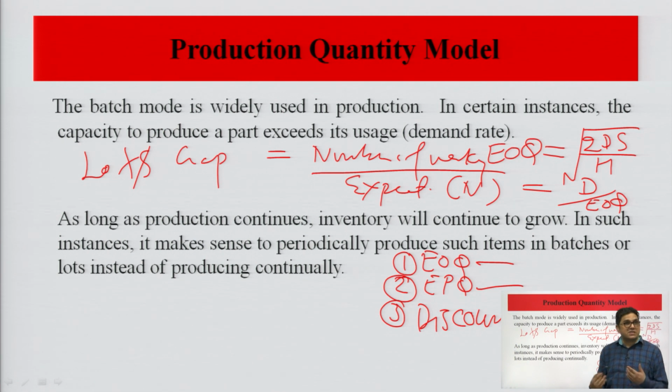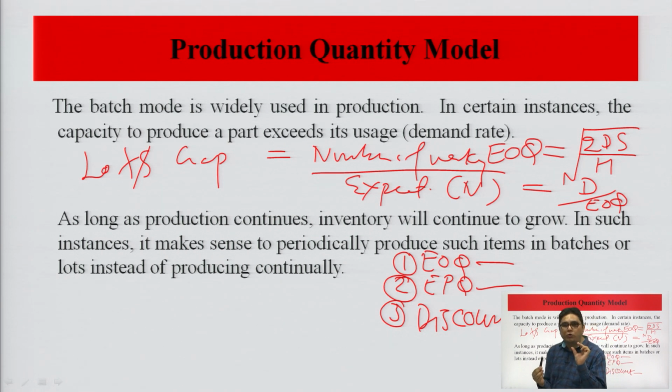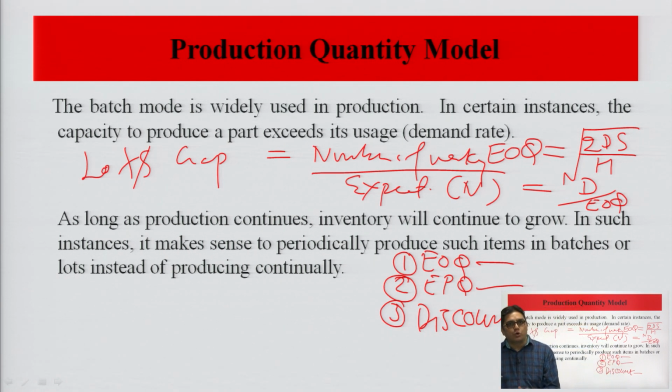If this is the situation, then production will preferably take place in lot sizes or batches. But goods which are in high demand throughout the year, organizations might prefer to produce on a continuous basis.